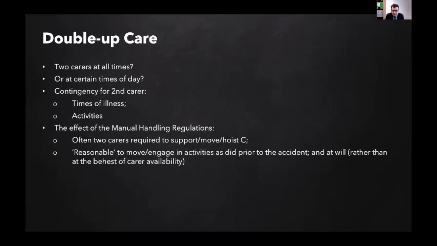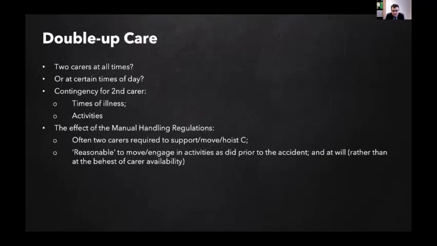carers are required. There are, of course, more nuanced cases, and a paraplegia case such as Penny's is likely to fall into that category, where you've got a claimant relatively young who can do an awful lot for themselves, and indeed a lot of paraplegics in Penny's position find that they can be wholly independent in a number of tasks.